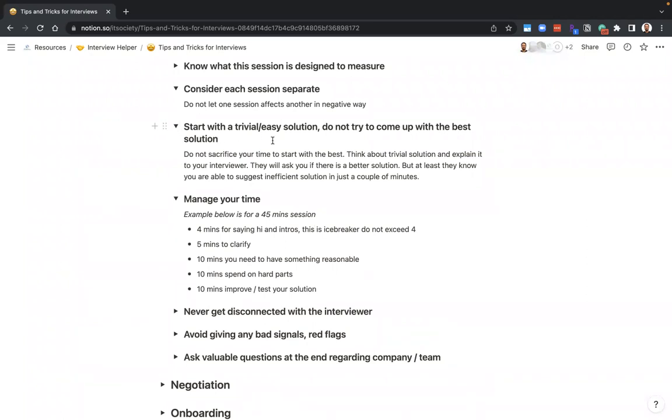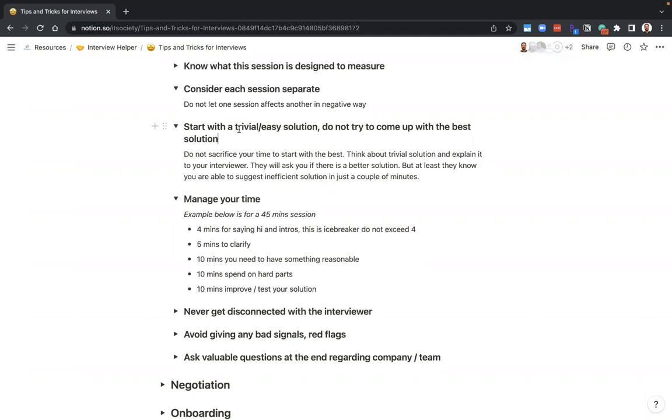So don't try to come up with the best solution from the first minute of the interview. Let's say when you heard the question from the interviewer, you immediately have an idea of a solution, but it is not that efficient, and you hesitate to tell this because it's not efficient.